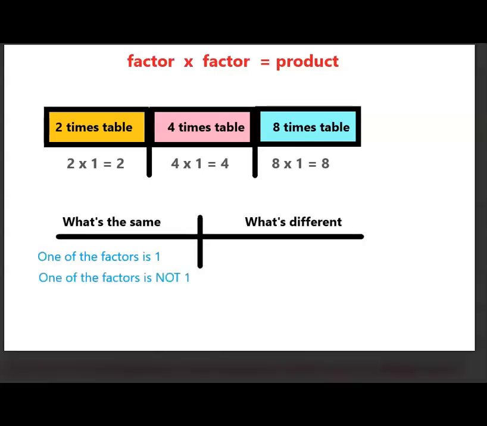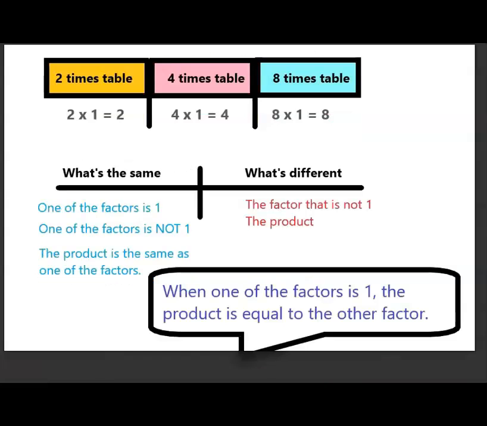Similarly, in each example, one of the factors is not 1. And for each example, the product is the same as one of the factors. So what's different between each one of these times table facts? Well, what's different is the factor that is not 1, and also the products are different.